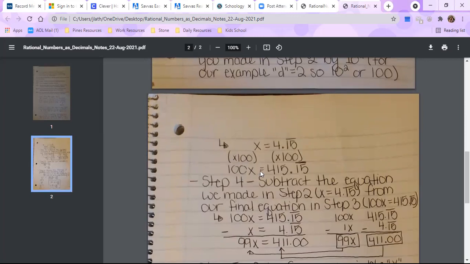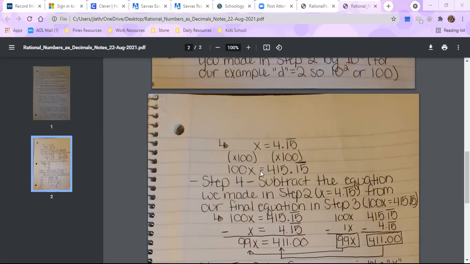100x equals, and then remember, whenever you are multiplying, and this is something that you should have learned last year, when you're multiplying a decimal by any multiples of 10, the number of zeros tells you how many places to move the decimal point.